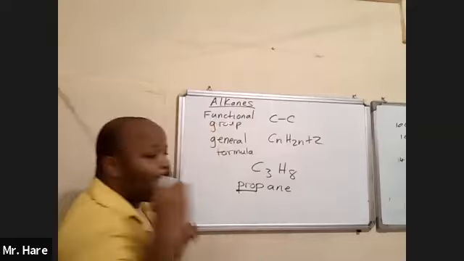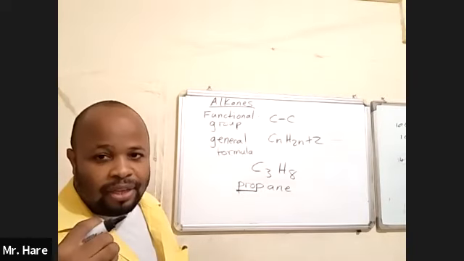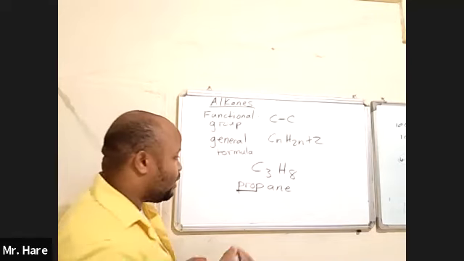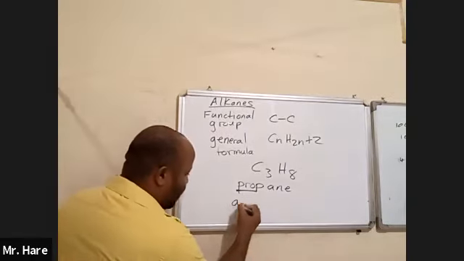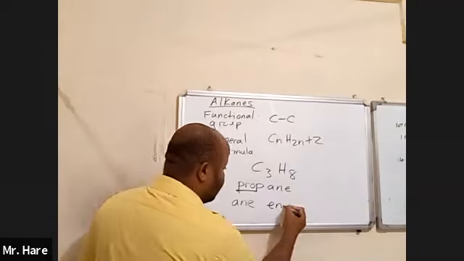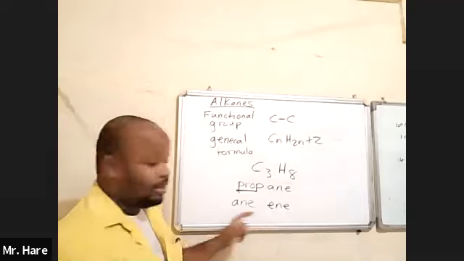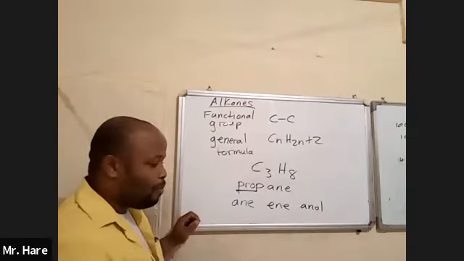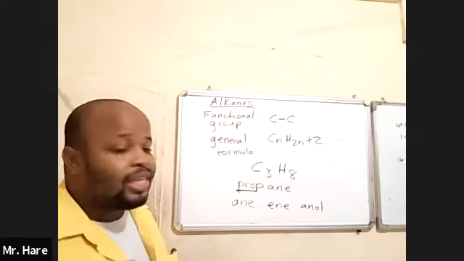If you hear propene, it's an alkene. So when you hear ane, it's an alkane. Once you hear ene, it's an alkene. Once you hear anol, like methanol, propanol, ethanol, it's an alcohol.